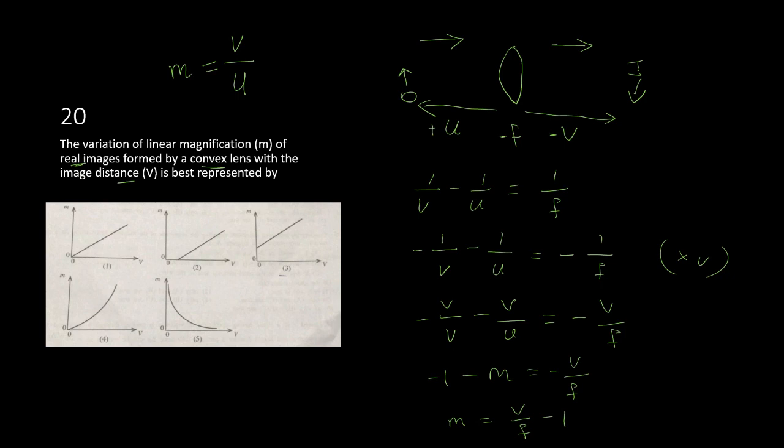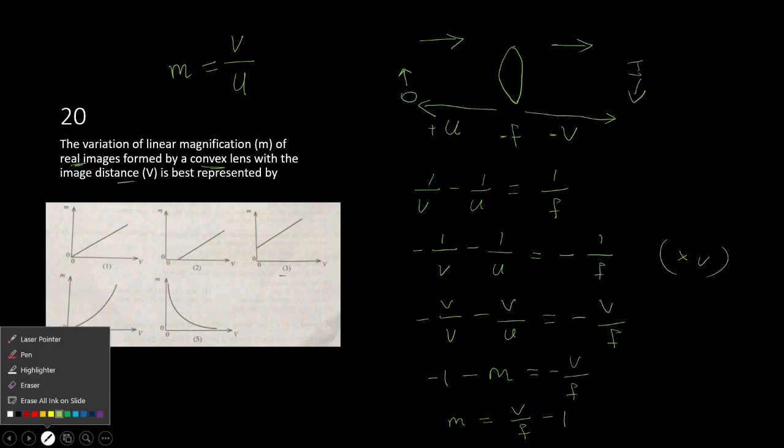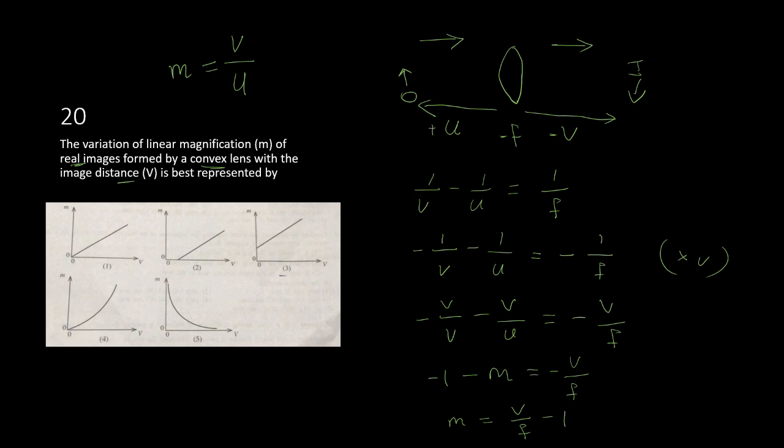So this equation is in the form of y equals mx plus c. Here, m is equal to v over f minus 1. So this is represented by the y-axis. On the x-axis they have taken the image distance, which is v.